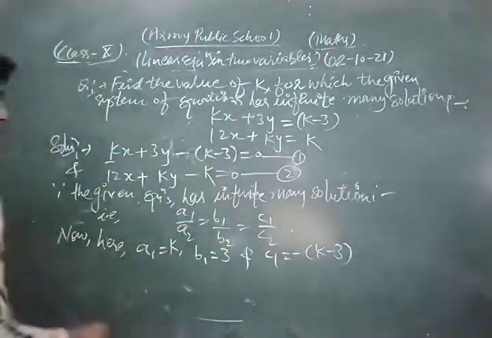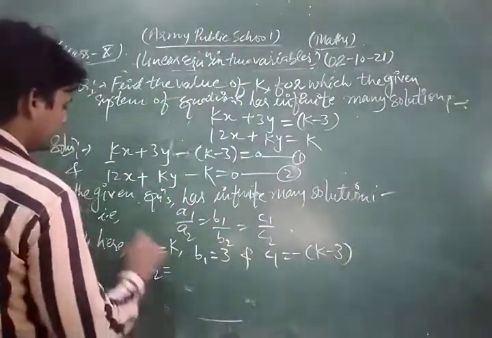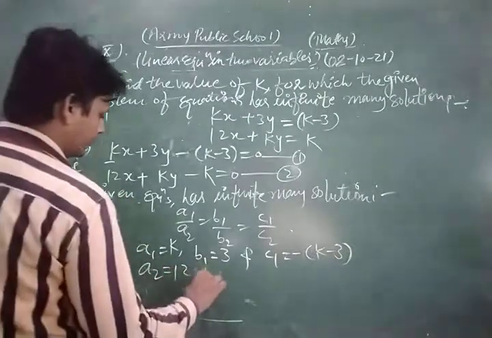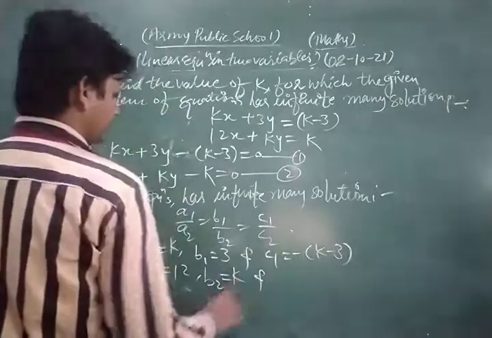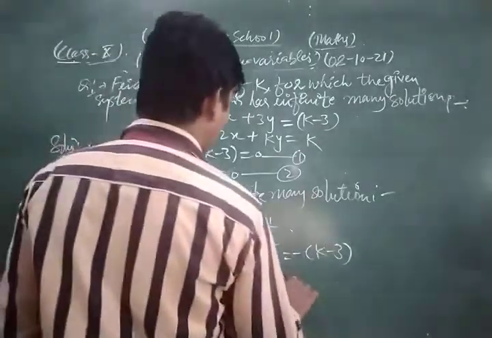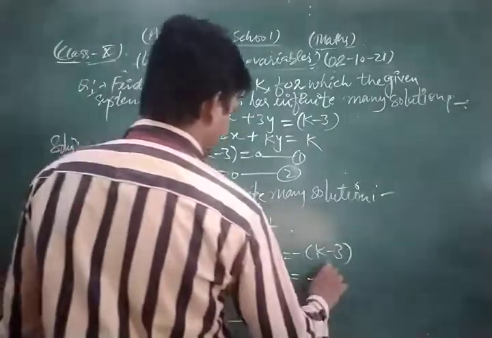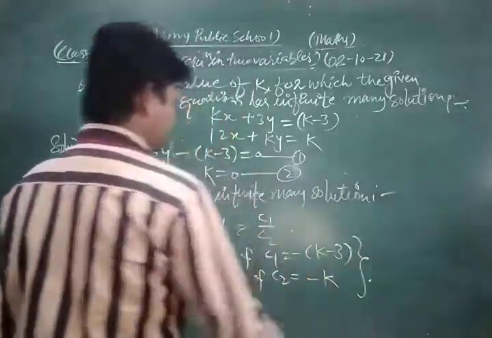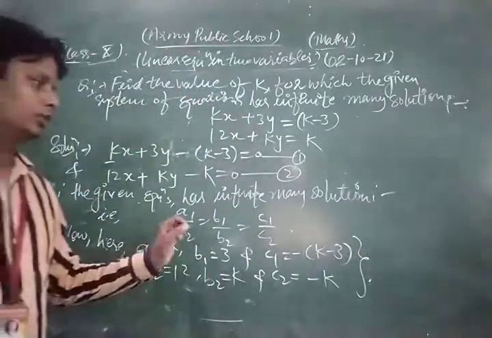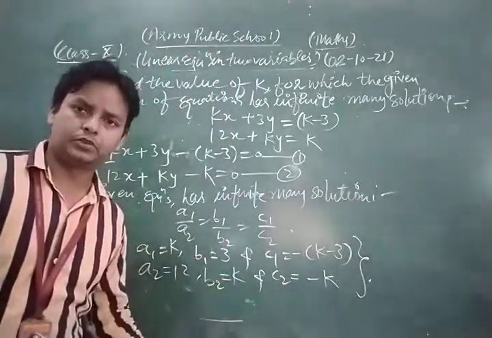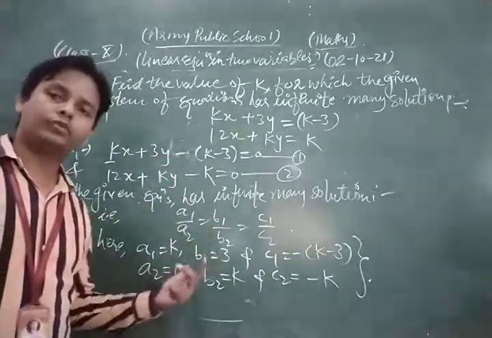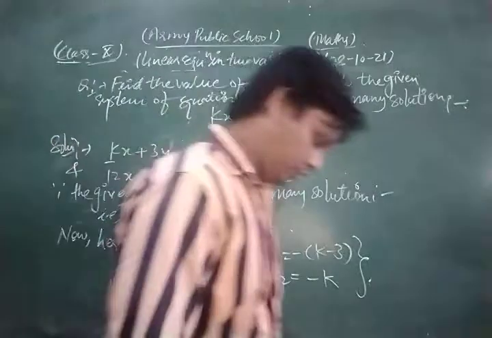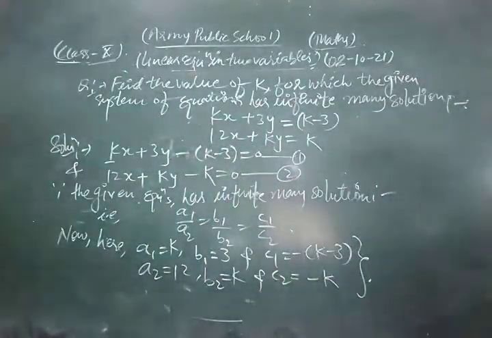Similarly, from equation 2, a2 is 12, b2 is k, and c2 is minus k. So these are the values. Using both equations, we write the values of a1, b1, c1 and a2, b2, c2.